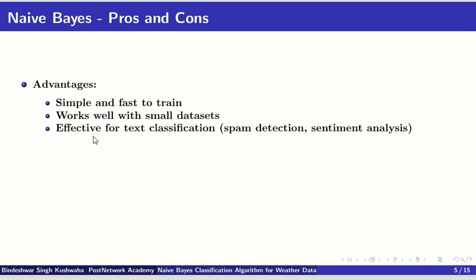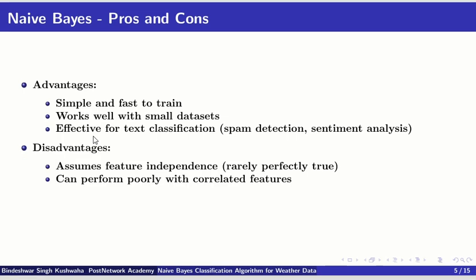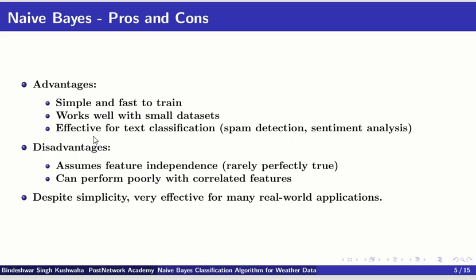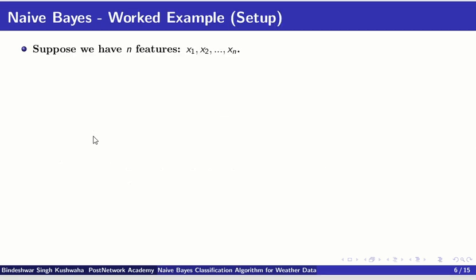Effective for text classification. One tutorial I have also made is to classify movie sentiment. Disadvantages: it assumes feature independence, and can perform poorly with correlated features. If features are highly correlated, it can perform poorly. Despite simplicity, it is very effective for many real world applications.